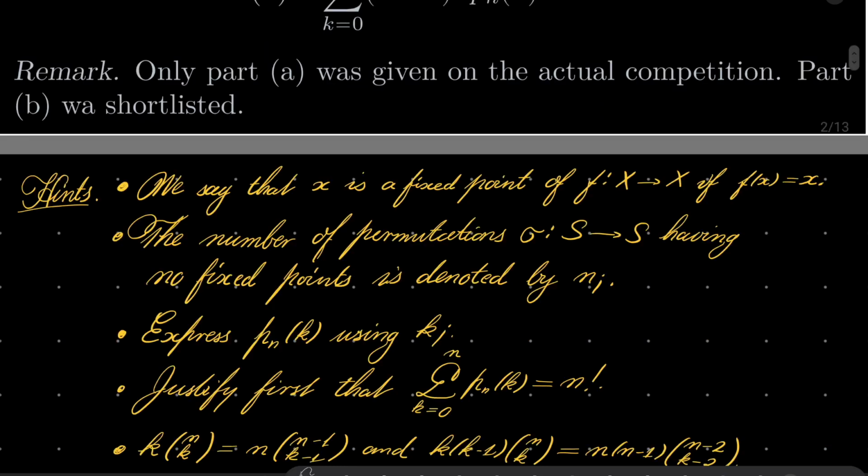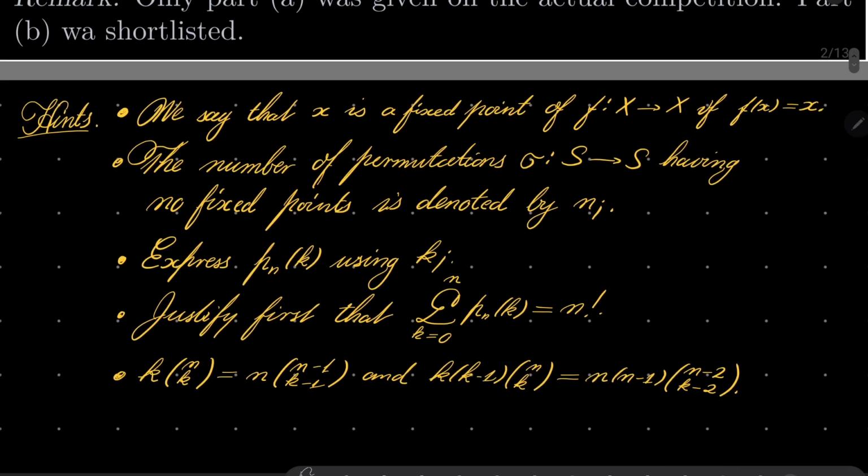Yes, here it is. We say that x is a fixed point of a mapping f going from x to x if f of this element equals itself. And also, the number of permutations sigma from the set S onto itself having no fixed points, these permutations are called derangements, is denoted by n subfactorial.